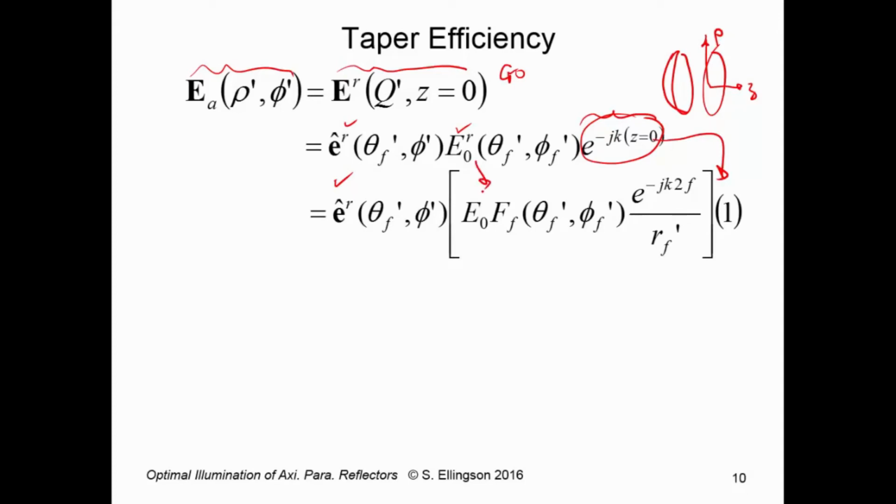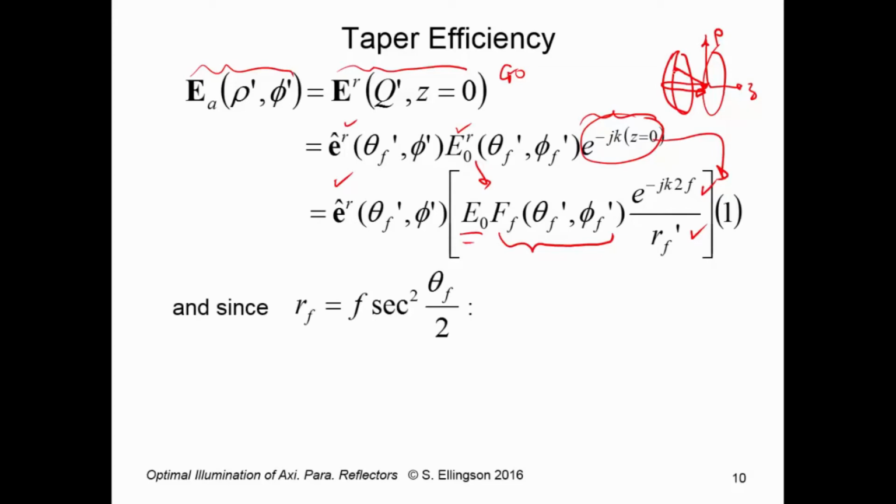And then here's the GO reflected field. It's just some constant E naught times the normalized feed pattern multiplied by e to the minus jk 2f. That's the phase factor associated with this distance here. And then divided by r sub f prime, which is that distance from the origin where the feed is to the reflector surface.